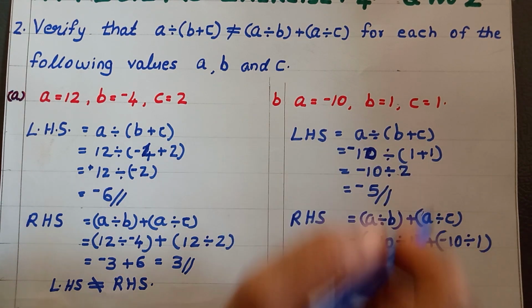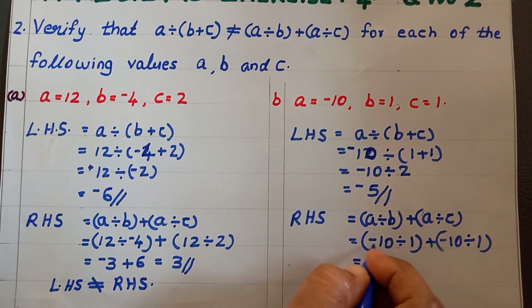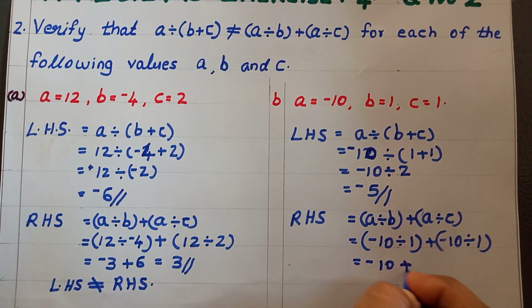Again c is also 1. So minus 10 divided by 1, minus 10, plus minus 10 divided by 1, minus 10 itself, equal to minus 20.